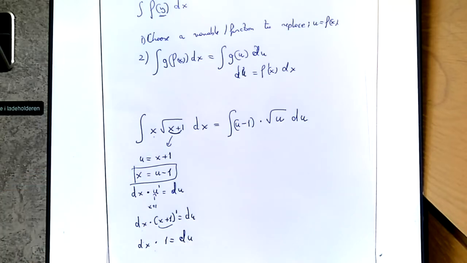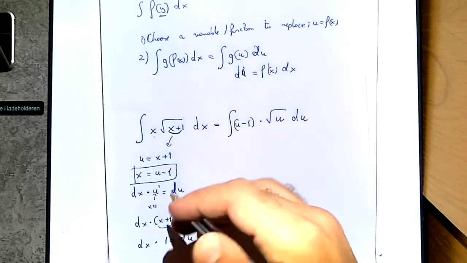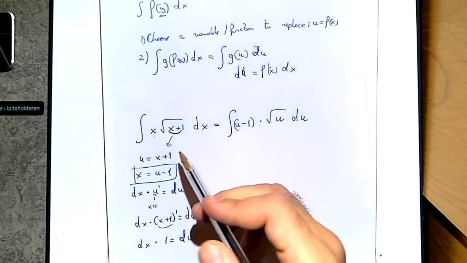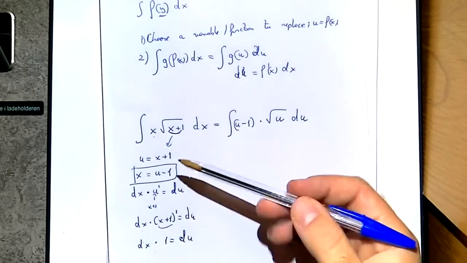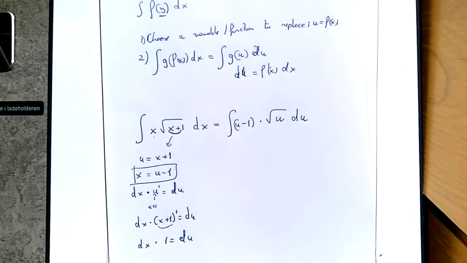So again, what did I do here? I have something inside the integral, inside the square root. Usually a bad sign, can't really solve that, or it gets really ugly really fast if you make something wrong. So I thought, let's replace what's inside the square root with a variable. Let's denote that with a u. After that, I expressed my whole integral in terms of u.